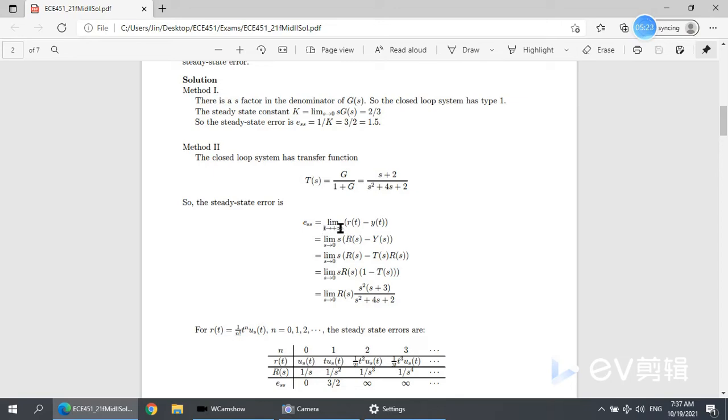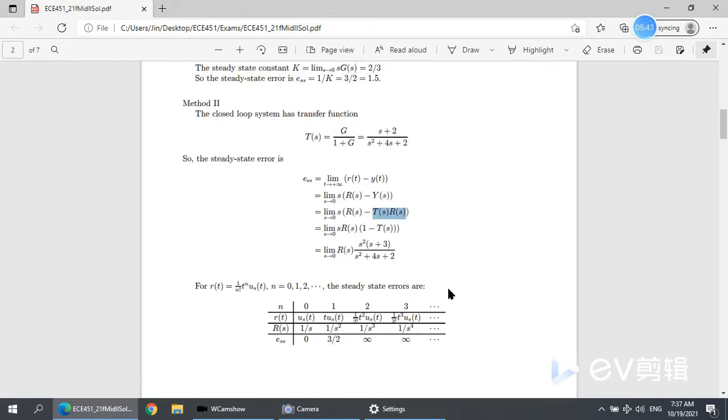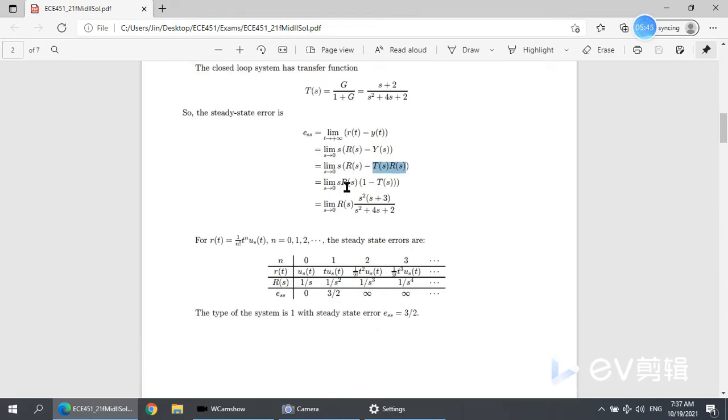Here it's t going to infinity. Now here s goes to 0, and in the s domain it is still r minus y, but we need to multiply s in front of it. That is the formula. Then plug in what y is. Y is T times R, transfer function times input, and then we move R to the front, so we get this one.